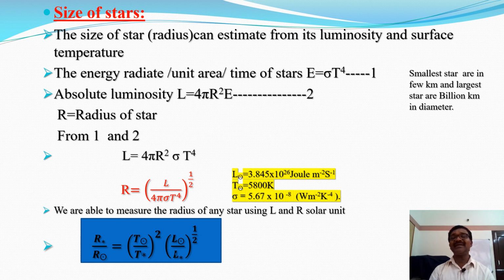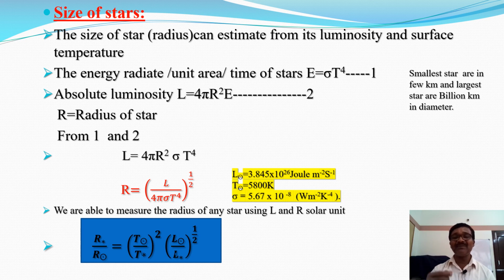As we know, the energy radiated per unit area per unit time of any hot object or black body is E equal to sigma T raised to 4, where E is the energy radiated per unit area per second, sigma is the Stefan constant, and T is the absolute temperature. In addition to this, the absolute luminosity L is equal to 4 pi r square E, where r is the radius of the star.